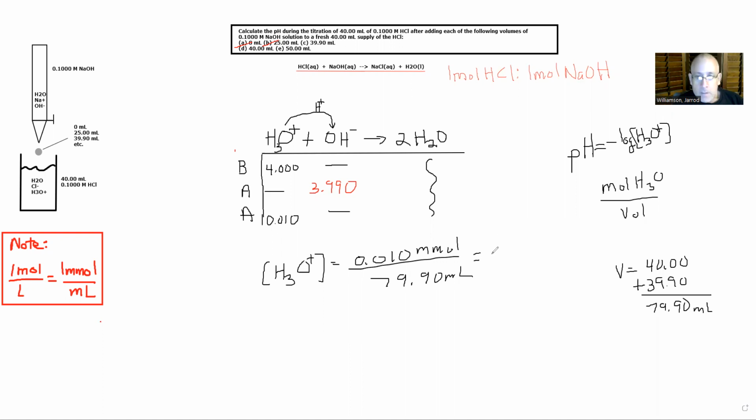I get 0.00013. And the pH, when I take the minus log of that, it's going to be 3.90 or so, 3.9, 3.903, right around there. Okay. So there's that. That's part C.